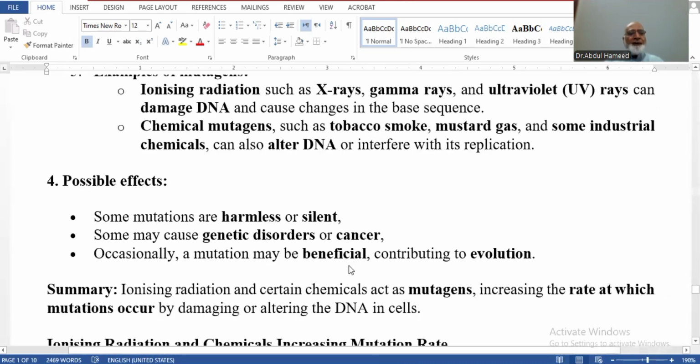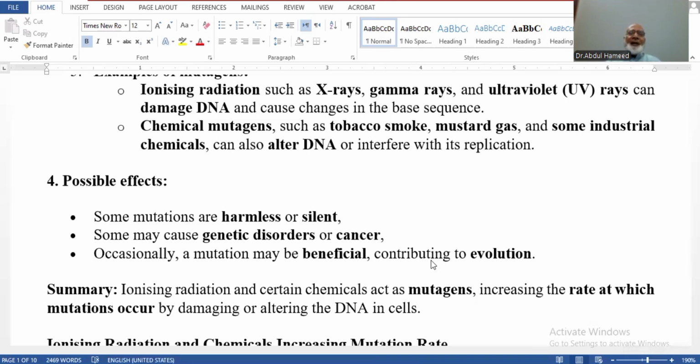So, possible effects: some mutations are harmless or silent, because although there is a change in base, the code for a particular amino acid will remain the same, so there will be no effect. Some may cause genetic disorder or cancer if there is a change in the genetic code. Occasionally, a mutation may be beneficial, very rare, contributing towards evolution. What does it mean?